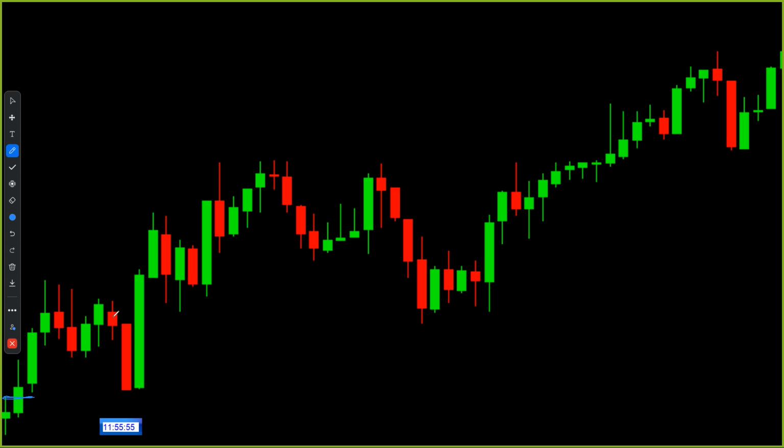But then this candle prints. What is this telling you? We're getting weak. And then all of a sudden, the next candle, the bottom falls out. Now, how many of you would stop out here? This is your entry. I know it's not straight, but this is your entry.